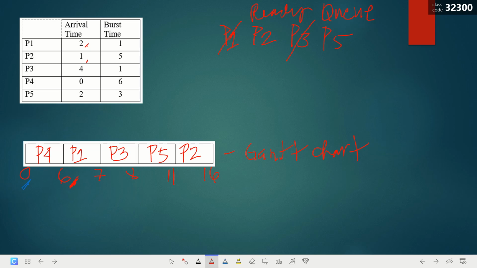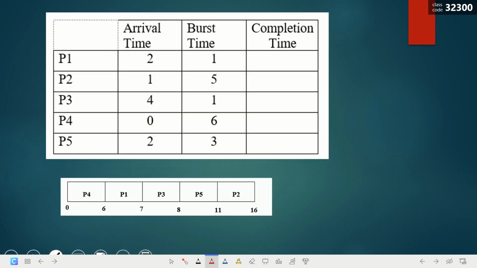Now, we can calculate the average waiting time, the turnaround time, and the response time. But first of all, of course, we need to determine the completion time. So, for the completion time, what is the completion time of P1?